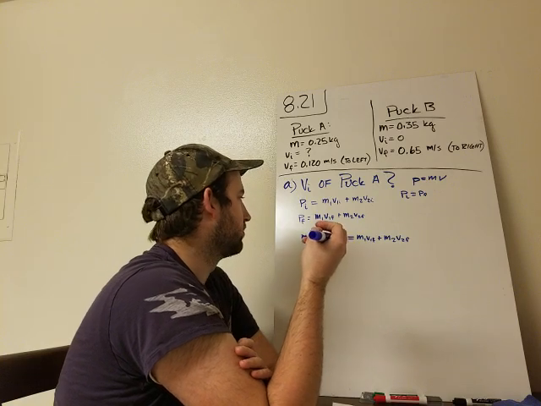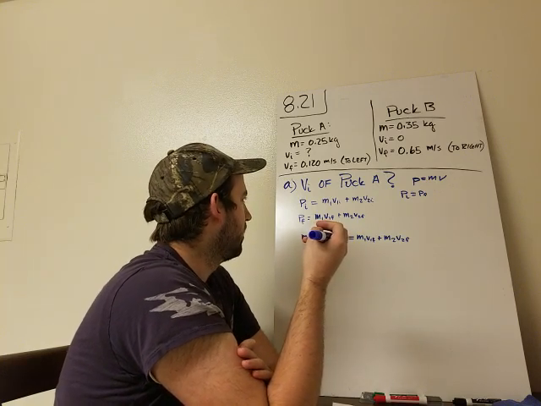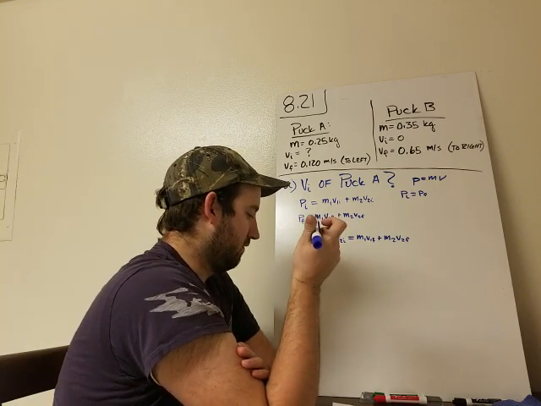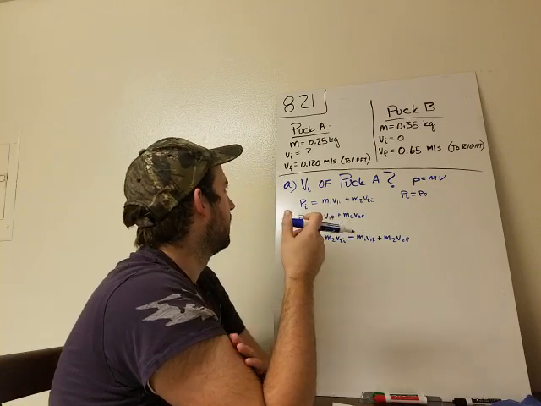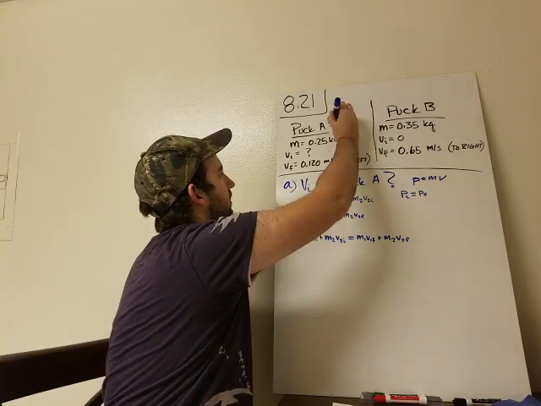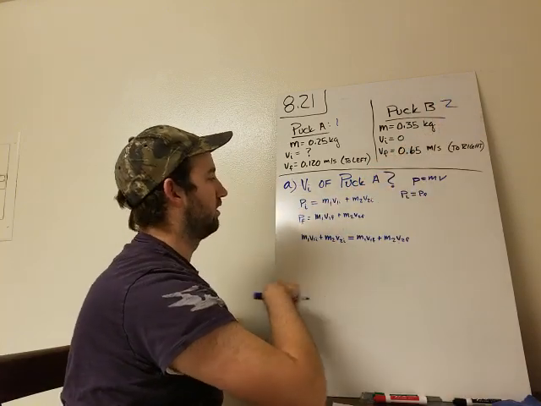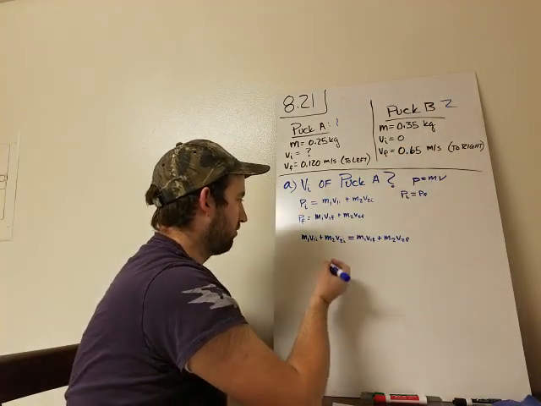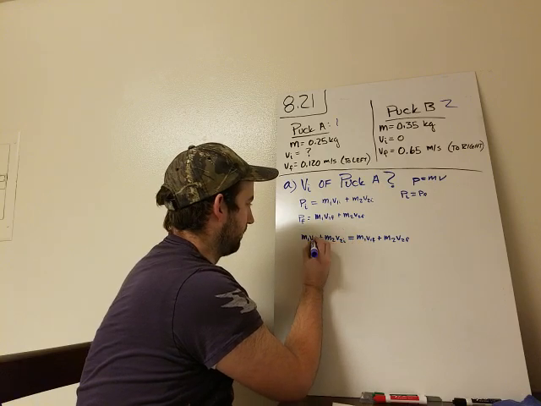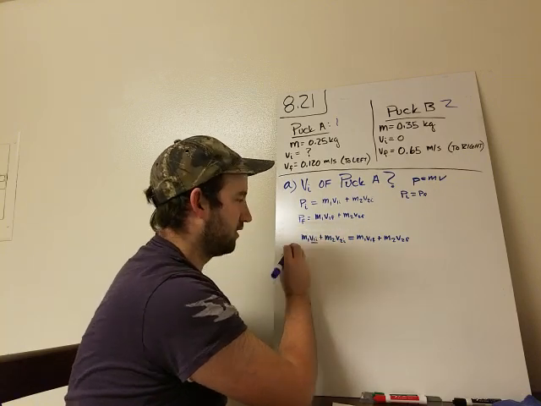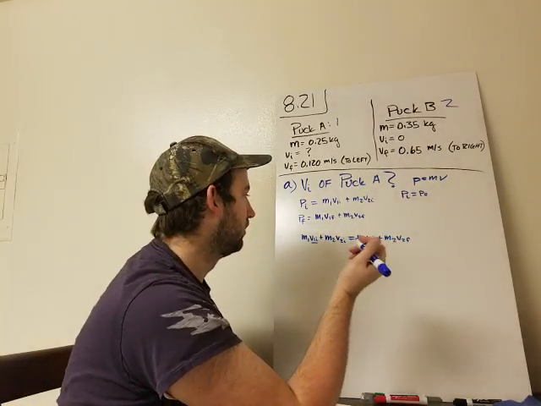But now, we're looking for the initial velocity of, really this is like 1, and this is 2, the way I've notated it here. So really what we're looking for is this right here, the initial velocity of 1.